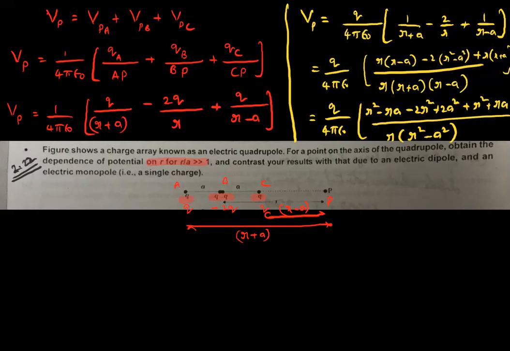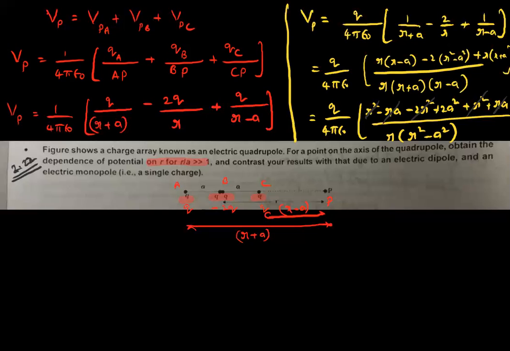Now cancel the terms which are able to cancel. Here minus RA and plus RA cancel, and R square minus 2R square plus R square is cancelled.